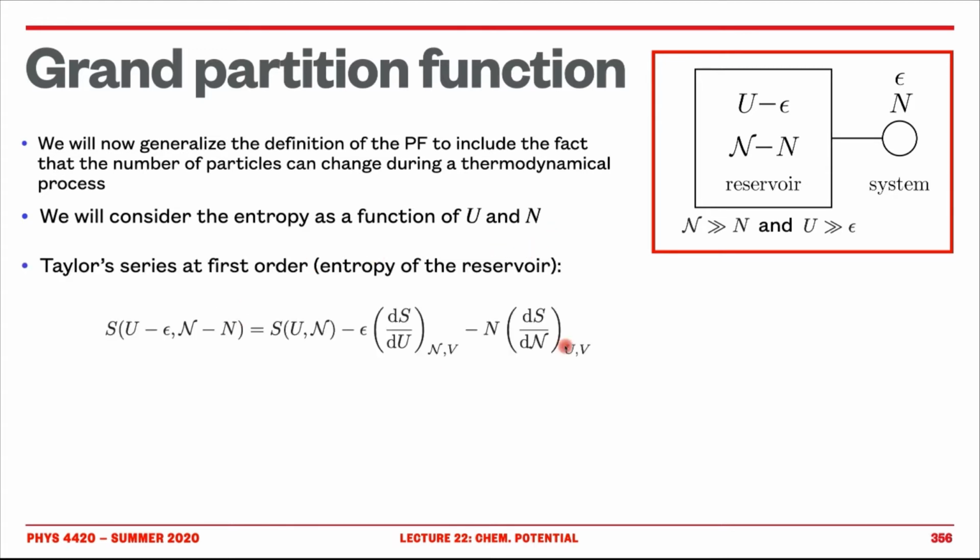First of all, and this is the most important aspect, consider the entropy of this system. And we are going to use a Taylor series. Unlike most of the Taylor series you've seen so far, this is a Taylor series for a two-variable function. So it's really a gradient, but we just wrote it this way, which means that these two terms are both first order. That's what I'm trying to say.